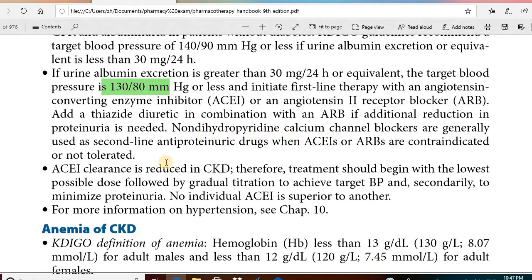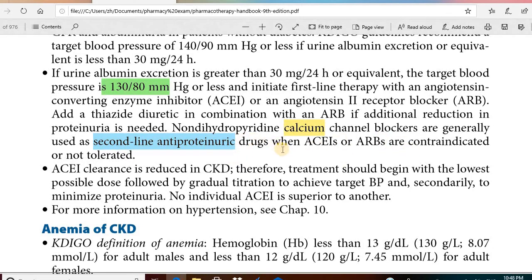Non-dihydropyridine calcium channel blockers are generally used as second-line anti-proteinuria drugs. Calcium channel blockers (CCB) are generally used as second line when ACE inhibitors and ARBs are contraindicated or not tolerated.